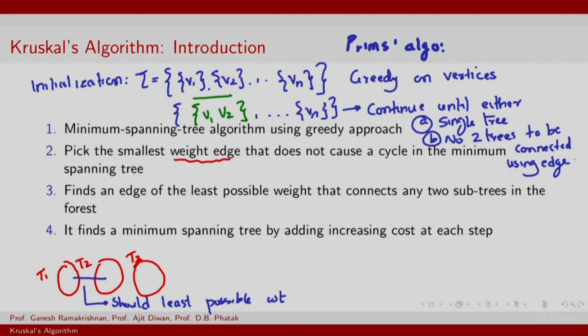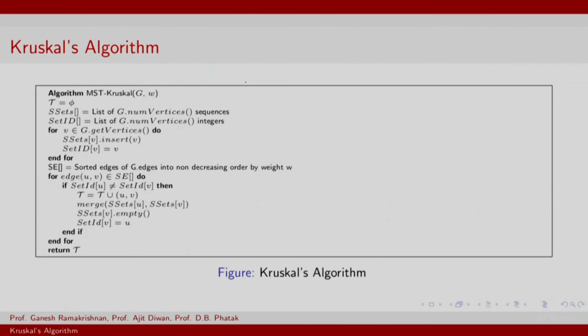How can we implement this? Well, we will need to make use of some union structures where you can maintain unions of trees, and you also need to keep track of these individual sets. We are going to maintain these individual sets as sequences. So what we are going to do is have S sets as an array of sequences.